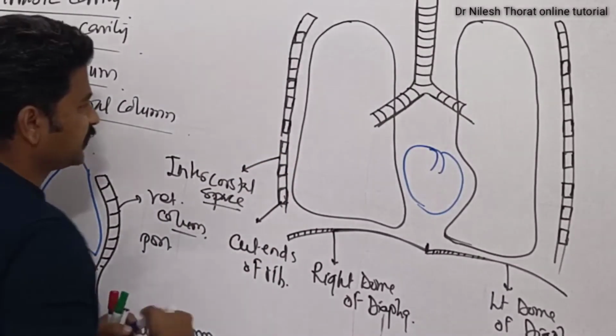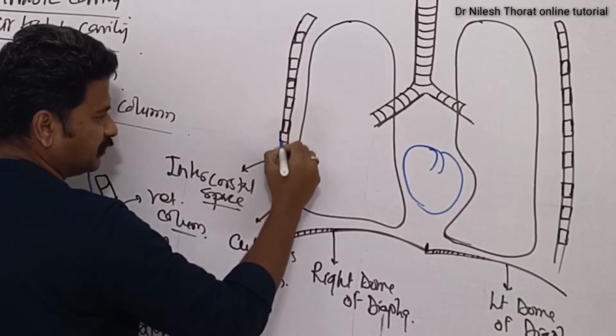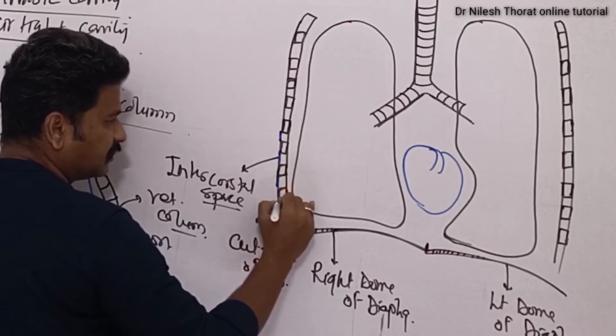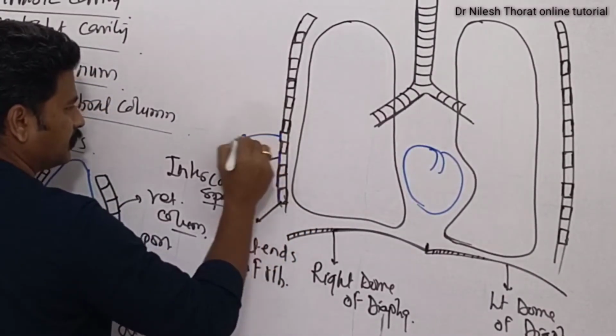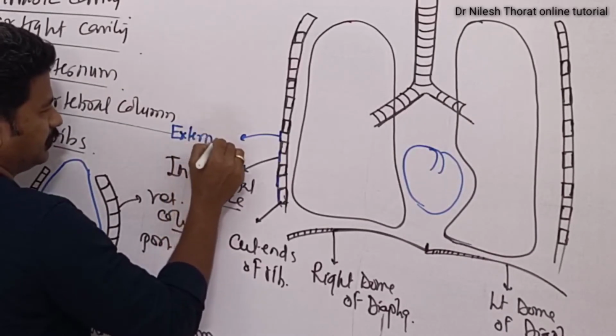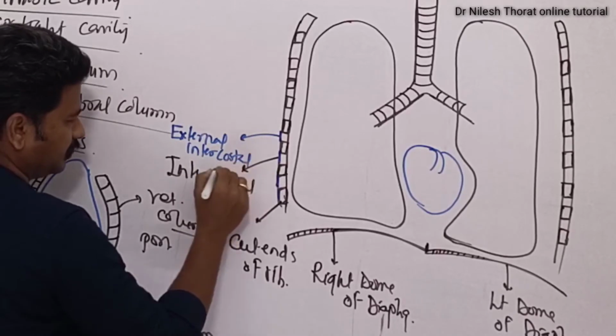The muscle which is present on the outer side is the external intercostal muscle. External intercostal muscle.